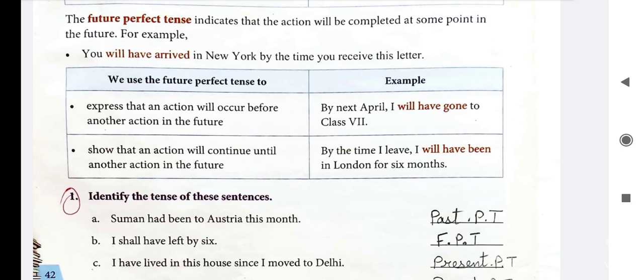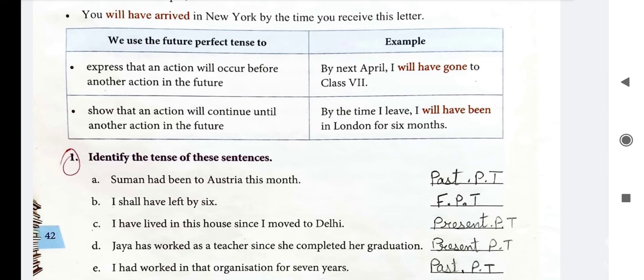So we can use the future perfect tense to express that an action will occur before another action in the future. So here we are predicting that particular action will happen before another action in the future. For example, by next April, I will have gone to class 7.